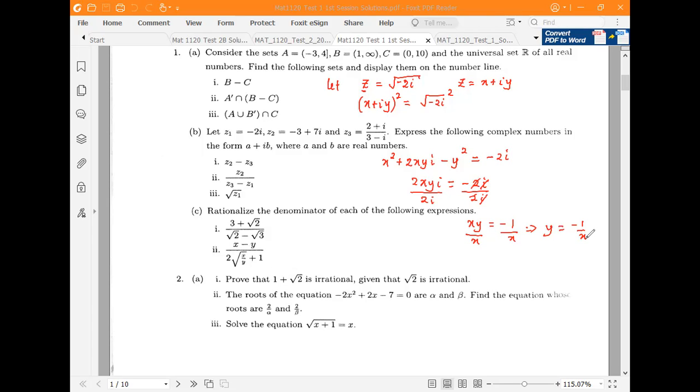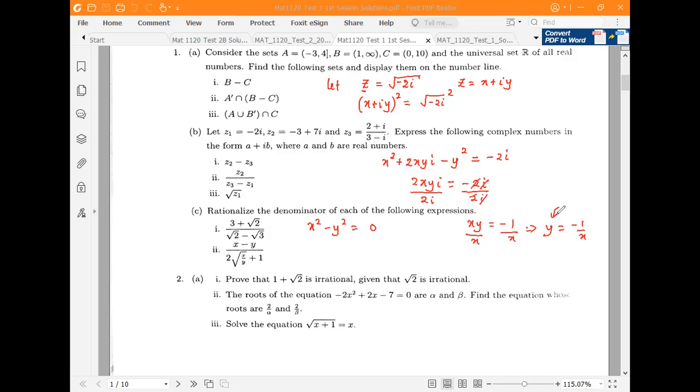And then if we went back to x squared minus y squared, it will be equal to 0 because there's no real part on the other side. So we equate x squared minus y squared to 0. Now the y part, we have solved it in terms of x.